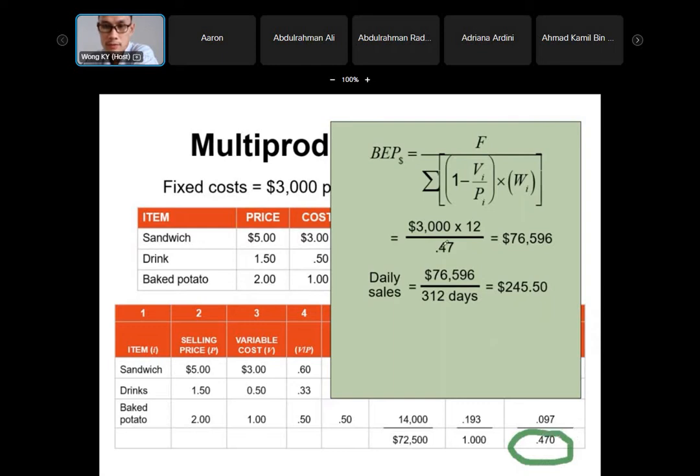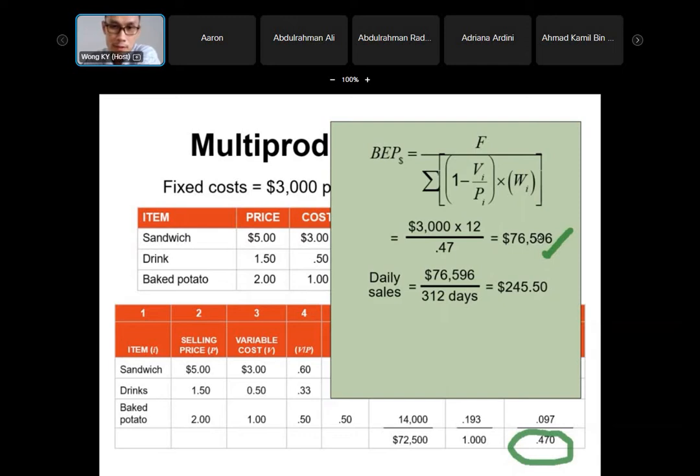So 0.47. So if you calculate, you will get this. So this is the break-even point in dollars. Here we call it BEP dollar or BEPY, because it's the y-axis. Right, so this is the BEP in dollars per year.